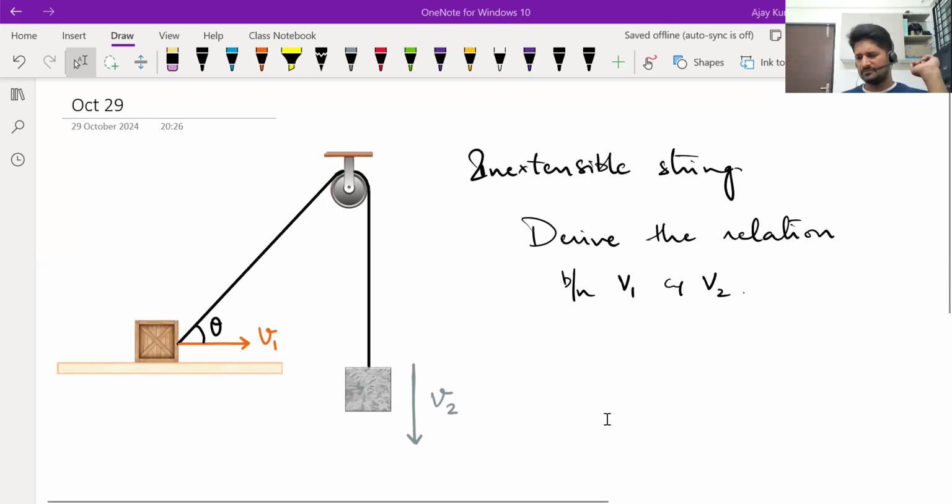Recollect and tell me, what are some of the ideas we used to derive constraint relation between two objects? We did that long back. What ideas do we use to derive constraint relation between connected objects?